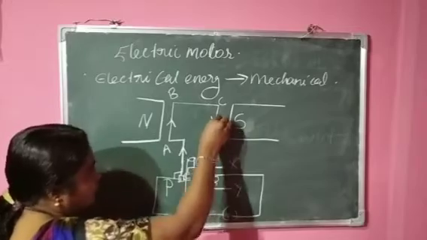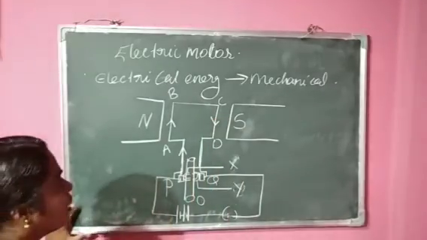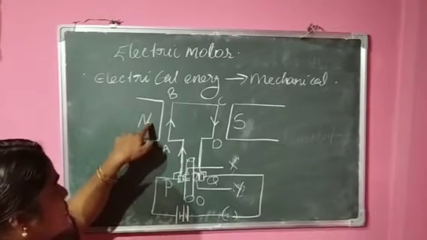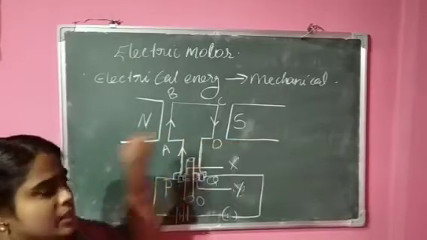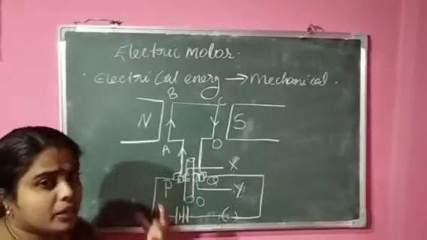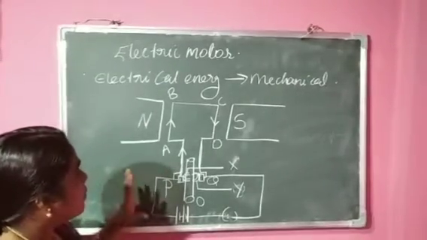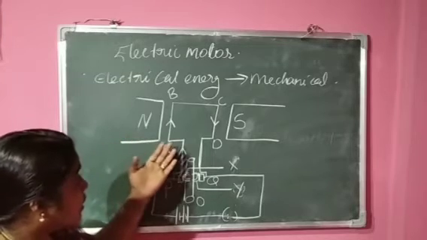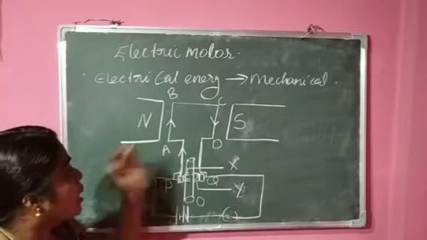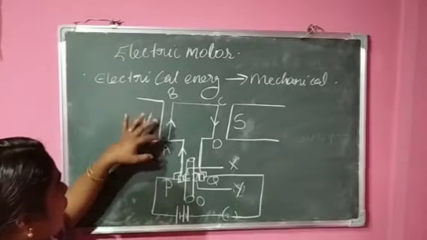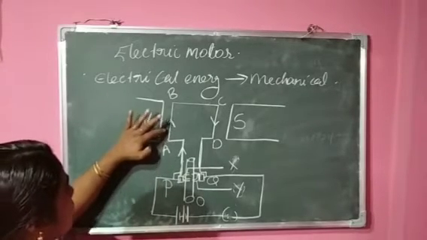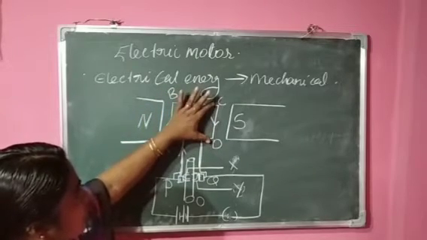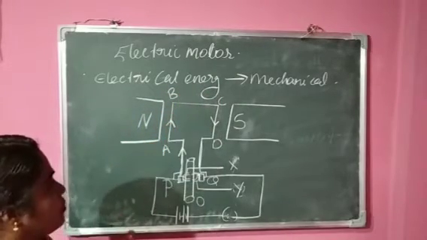C to D. Then what we studied, the direction of magnetic field is which direction? From north to south. So if a conducting coil is placed between two bar magnets, then on arm AB the direction of current is A to B, and on arm CD the direction of current is C to D.